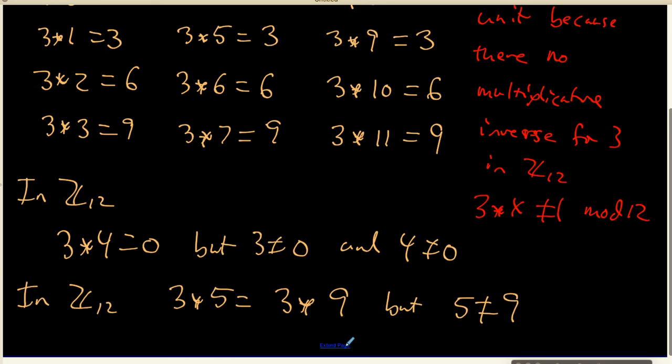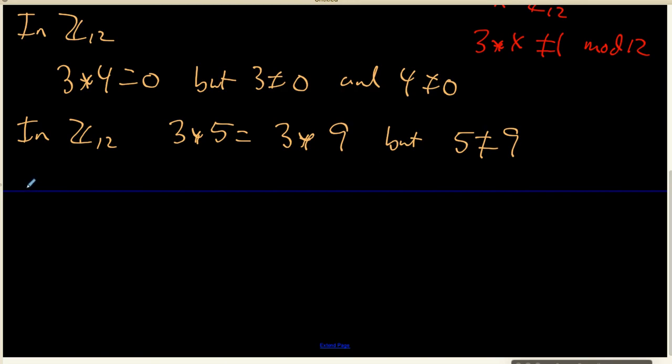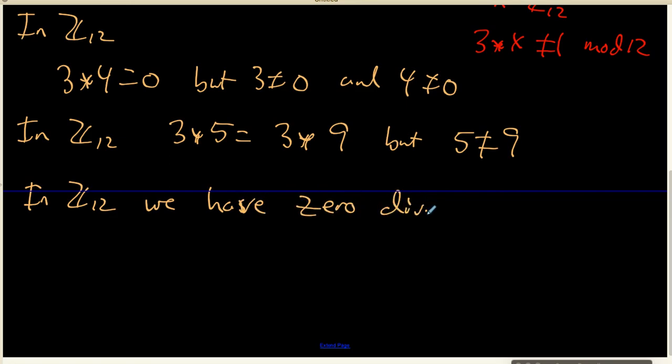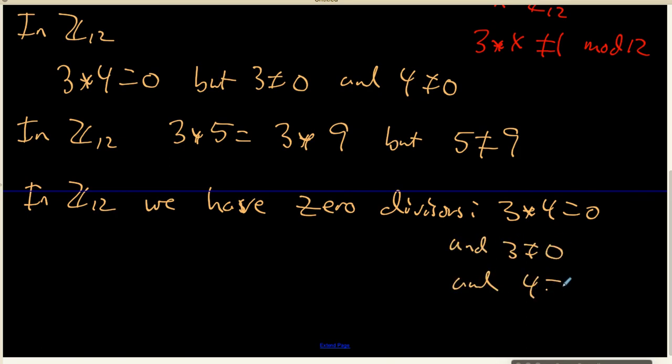So what this means is that we have two basic ideas. In Z12, we have what are called zero divisors. Namely, 3 times 4 is equal to 0, and 3 is not 0, and 4 is not 0. And in Z12, we cannot cancel.